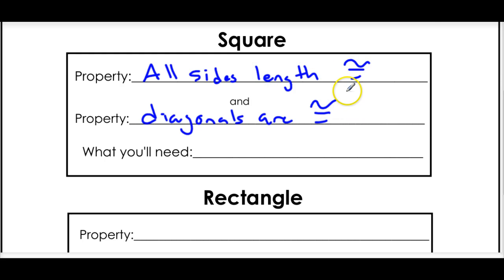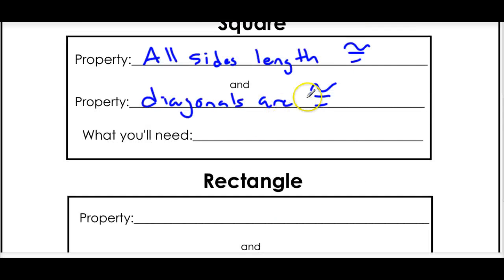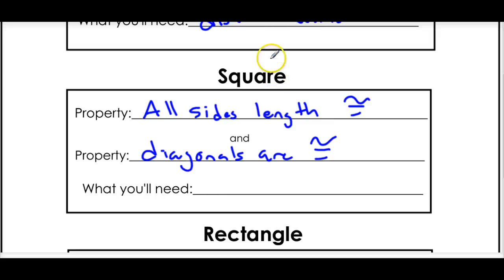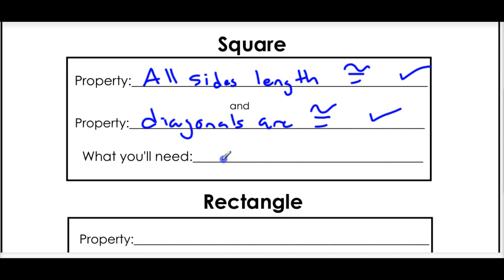Right? Now, in a rhombus that's not true. The diagonals are not congruent, but in a square they are. So we would know that this is not a rhombus, but a square if all sides are congruent and the diagonals are congruent. And those are all the lengths of things, so we would once again need the distance formula.